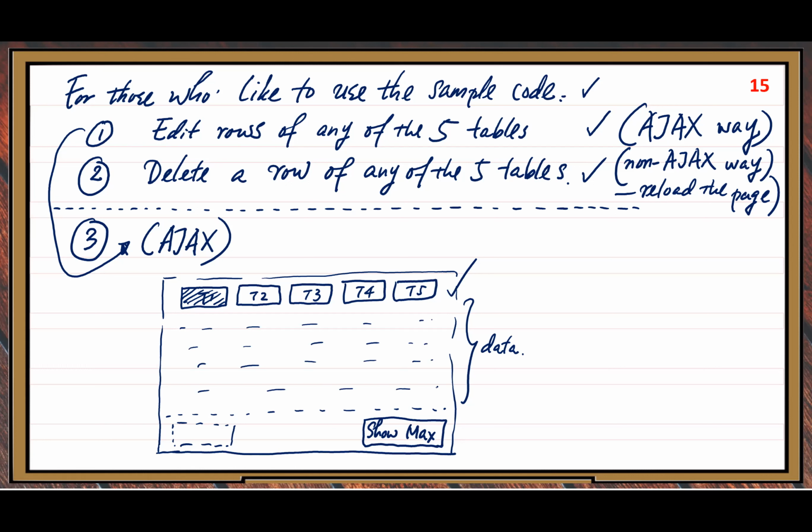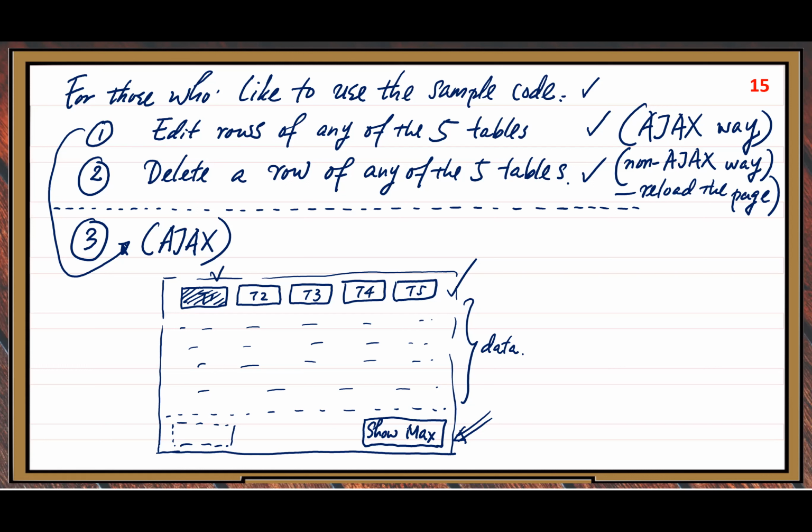Here I assume table 1, T1, is selected. Then at the very bottom line, I put a button, the show max button. Let me tell you what I would like it to do.